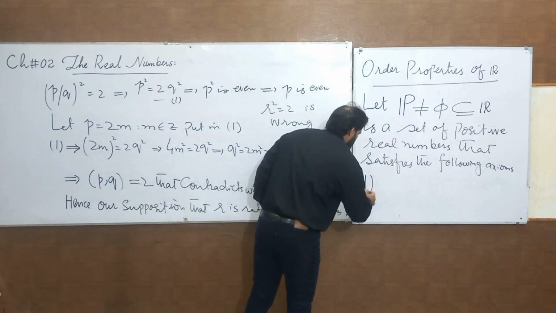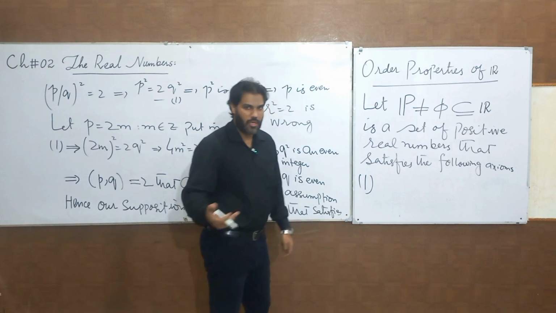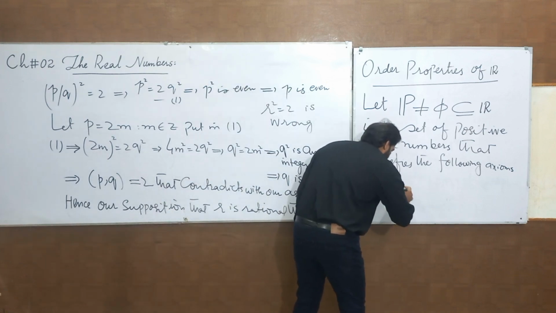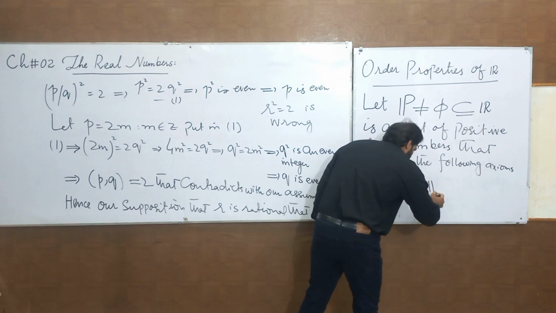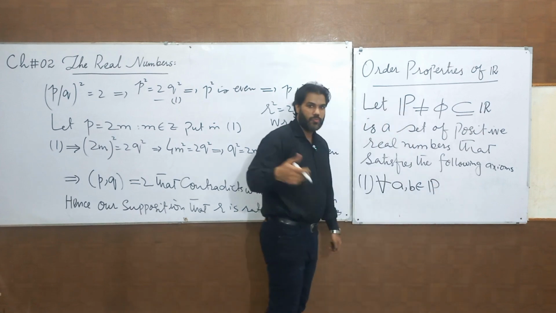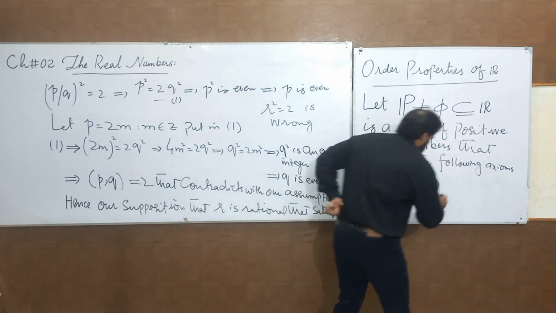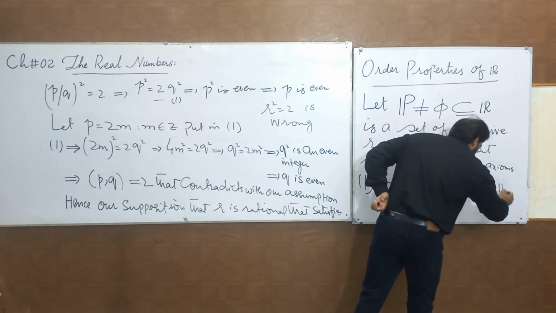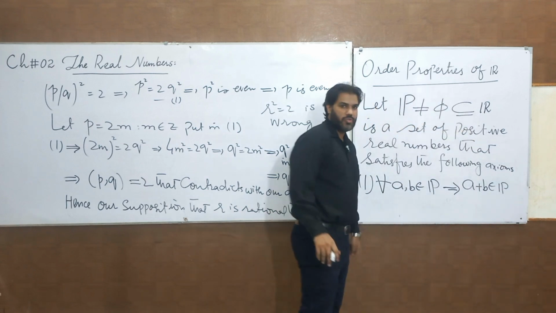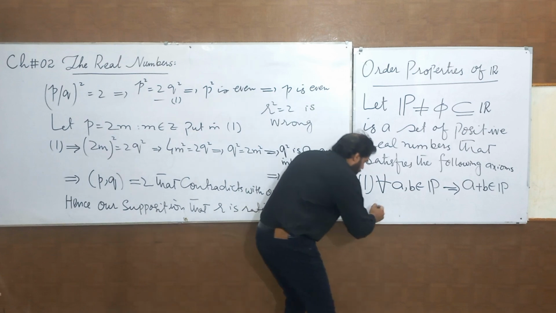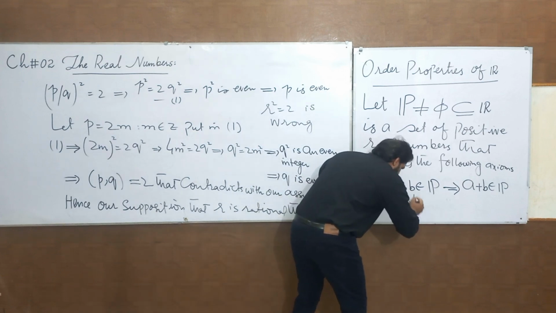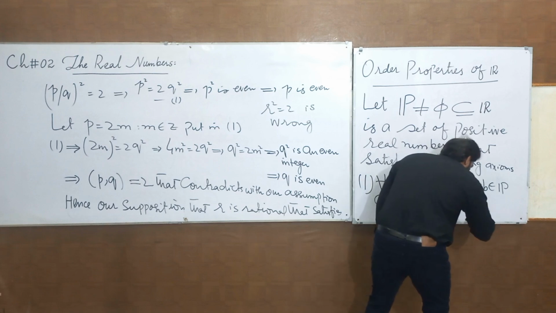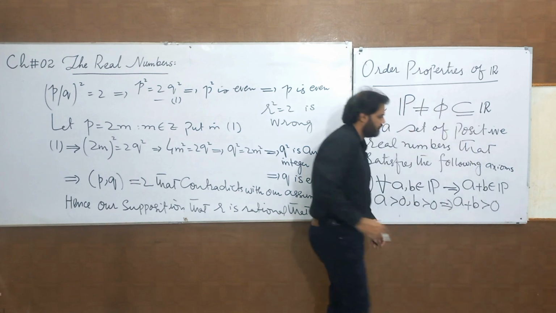The first axiom is actually the closure law. For all a, b belong to P, if a and b are two positive real numbers, then this implies their sum also belongs to P. Meaning to say, if a and b both are greater than 0, this implies their sum a plus b is also greater than 0.